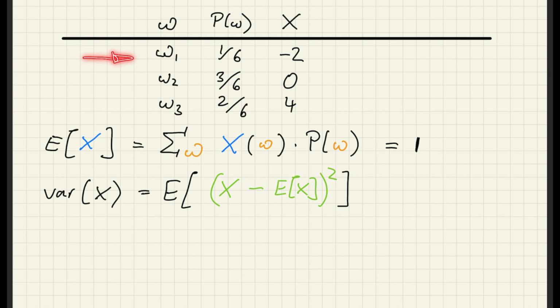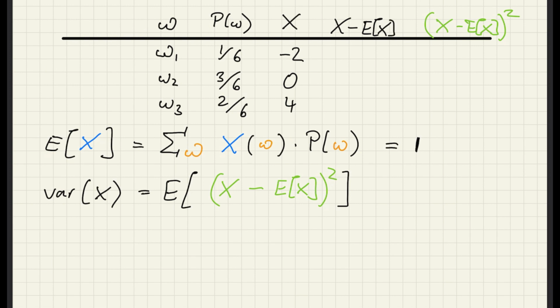So for every row, right, we have a value for x. These values were already given, and now we just add the value for x minus ex squared. X minus expectation x squared. And I'll do this in 2 steps, so hopefully that will make it a little easier. So I compute x minus expectation x first.